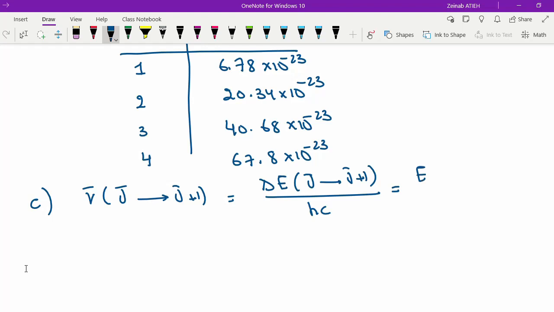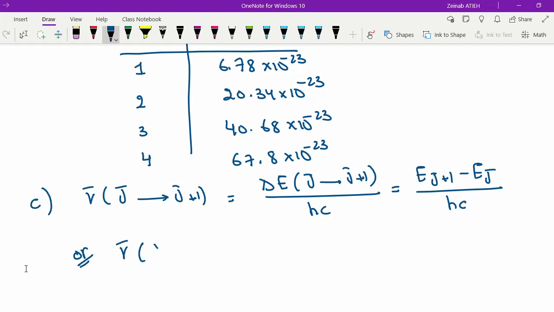It's the energy of J plus 1 minus the energy of J, divided by hc. For example, to find the wave number for a transition from 0 to 1, I subtract the energy of level 0 from the energy of level 1 and divide by hc easily. Or we can do this.